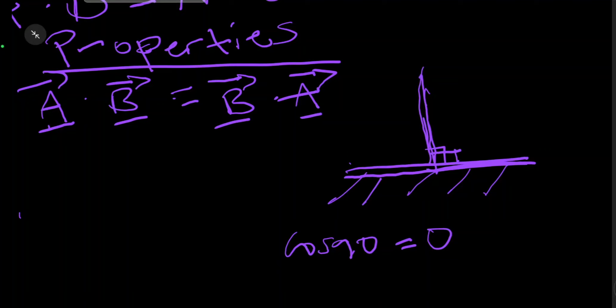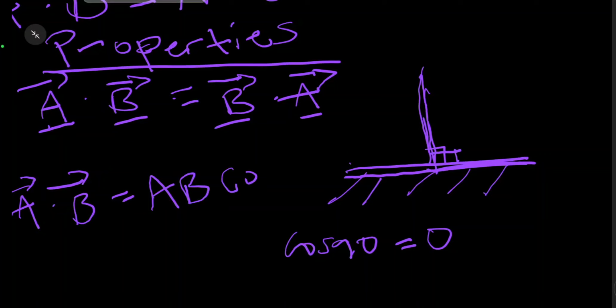So let's say, for instance, we have vector A multiplying vector B. Like I said earlier, the magnitudes times the cosine of the angle between them, which is 90 degrees.